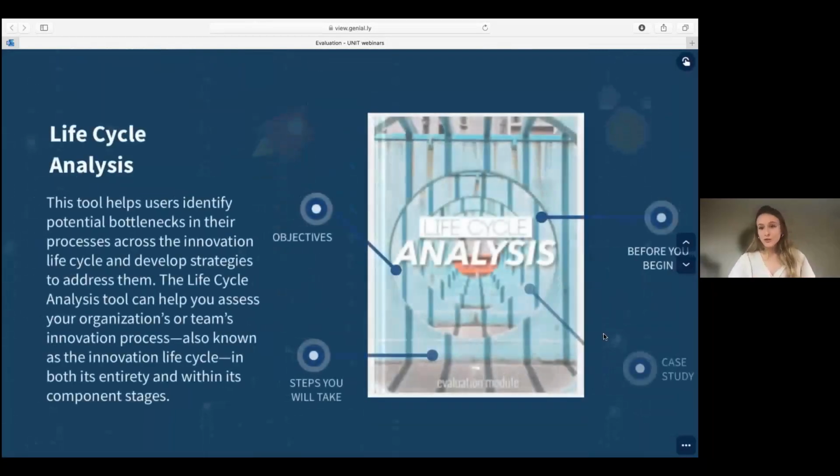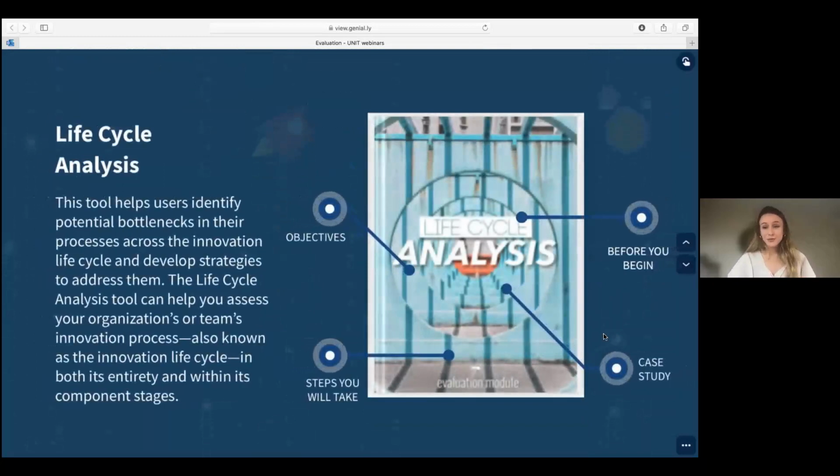And now let's go to the next tool, the third tool of this evaluation module, that is the life cycle analysis. The life cycle analysis is a tool that supports users to identify bottlenecks in the innovation processes across the innovation life cycle, as well as to develop strategies in order to address these challenges, these bottlenecks.